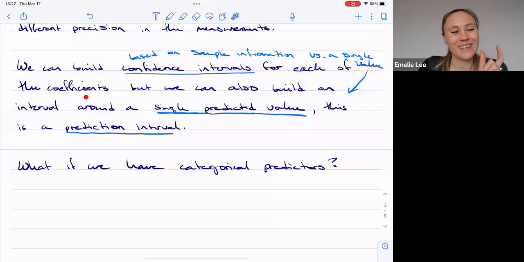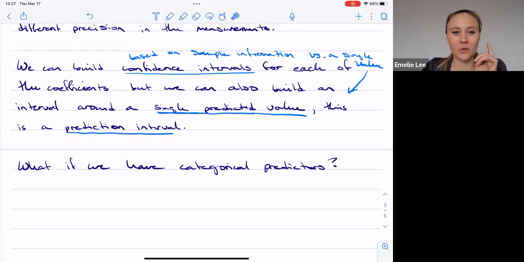And if the interval is quite small, then you know that you have a good prediction. It relies on the standard error, so if you have a small standard error, then your confidence intervals can be small as well. There's lots of different things that you could look at there, but it's really just to build an interval of values for your coefficients, not just the one from your sample.